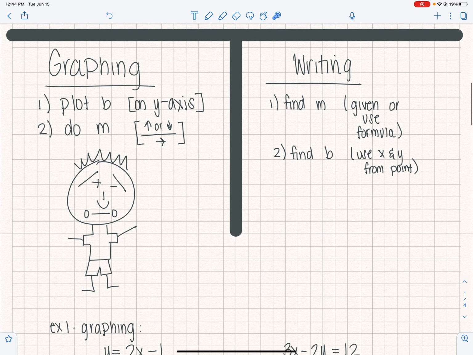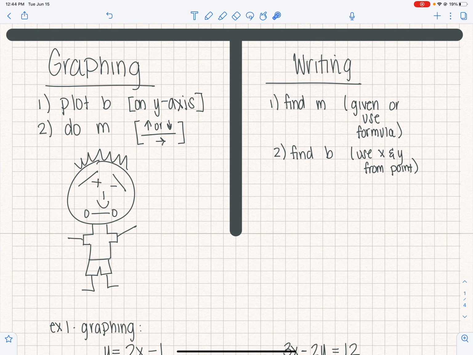So here's another quick overview on graphing. Your first step is going to be plot b. You're going to always do that on the y-axis because it is the y-intercept. Do m, and so that's going to be your rise over run: rise if it's positive, fall if it's negative, run to the right.